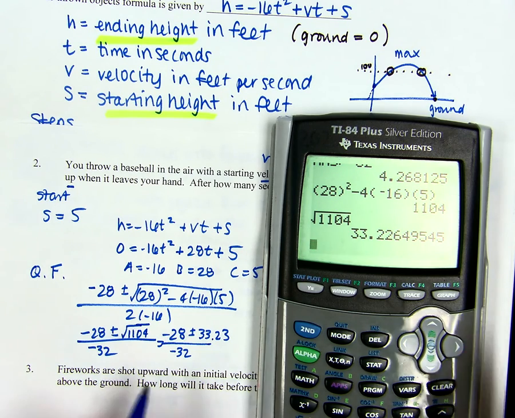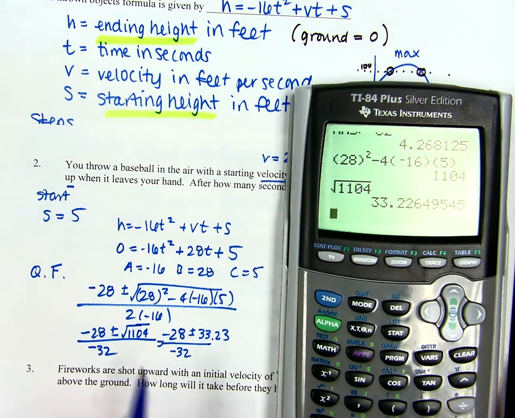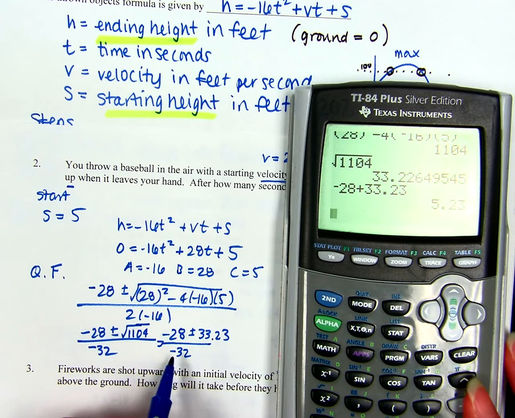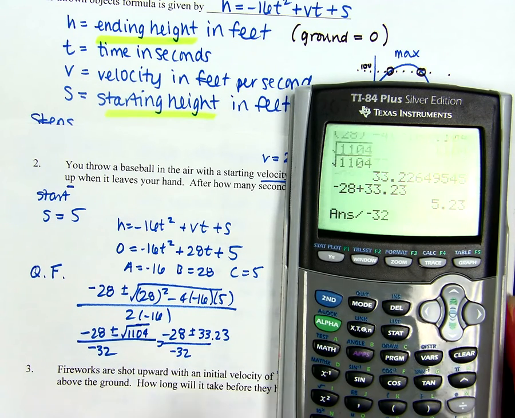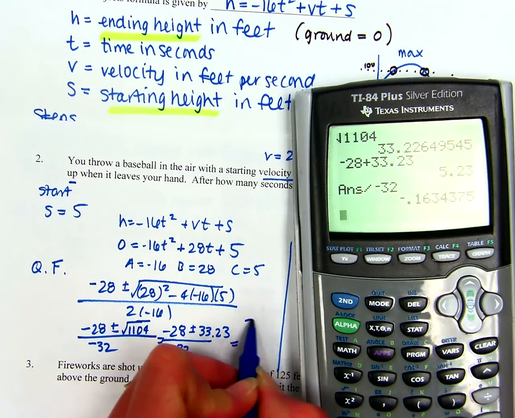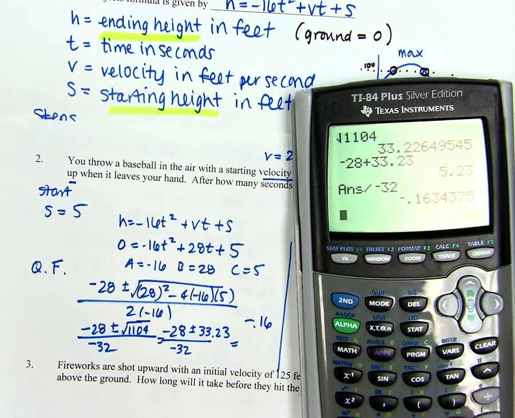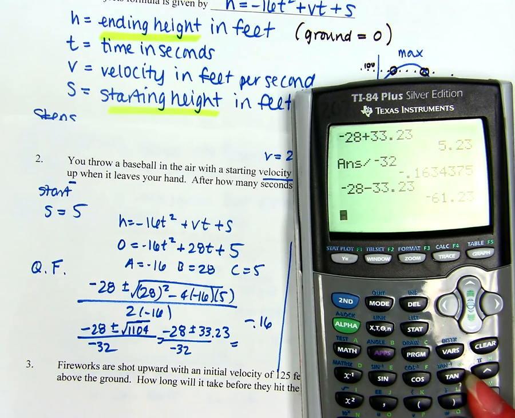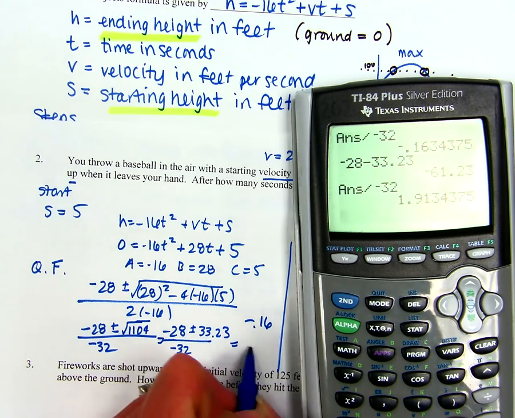Okay, so now we're going to do negative 28 plus 33.23, then divide it by negative 32. So one answer is negative 0.16, and negative 28 minus 33.23 divided by negative 32 gives us 1.91.